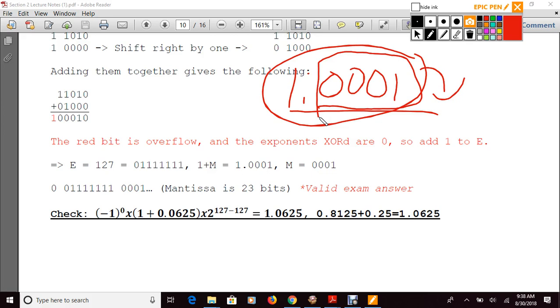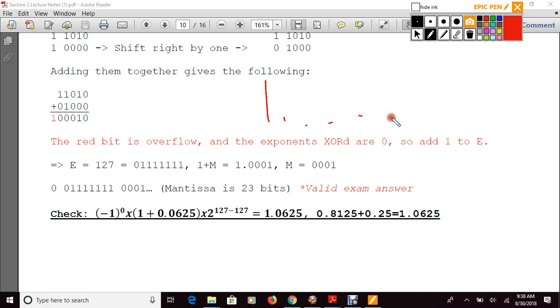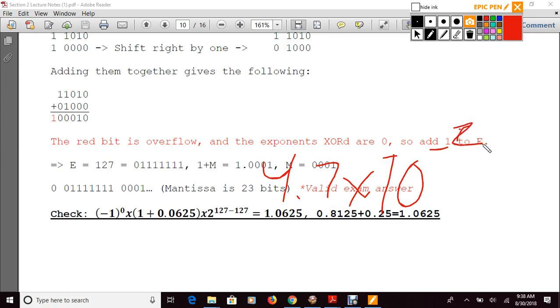Because when we say 1 point, whatever, it's going to be times 2 to some exponent. So, if you said like 4.7 times 10 to the negative 2, right? It's still 4 plus 0.7 here.